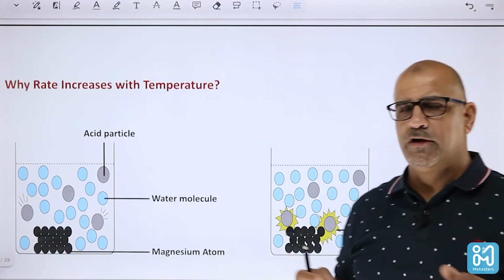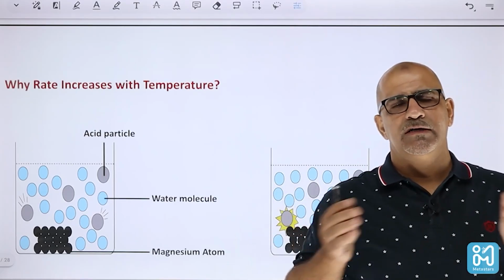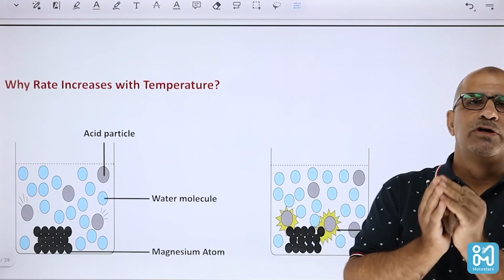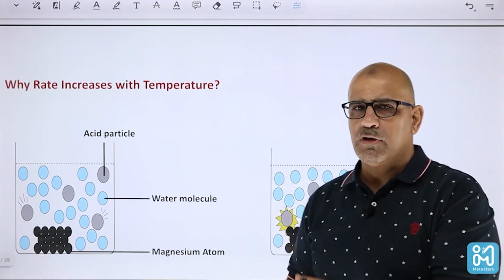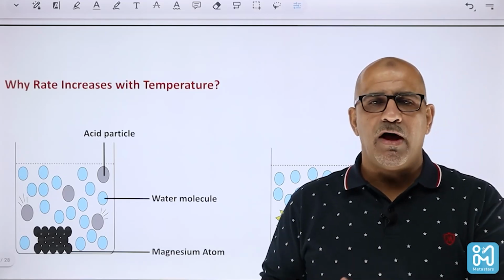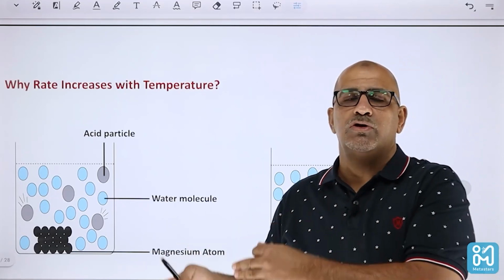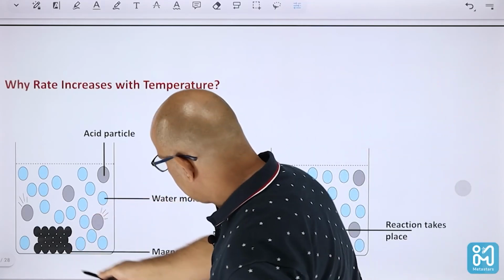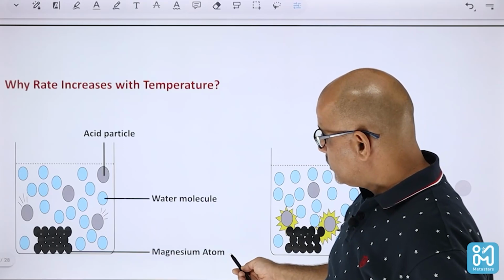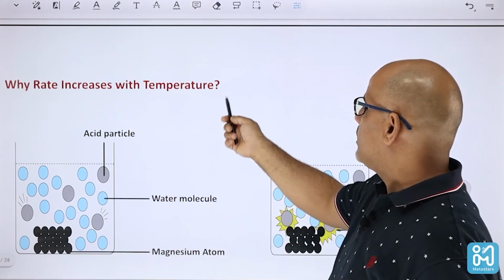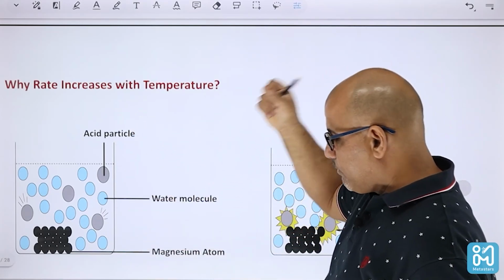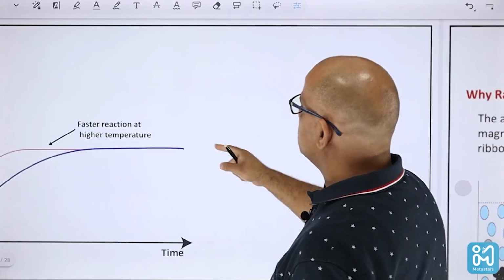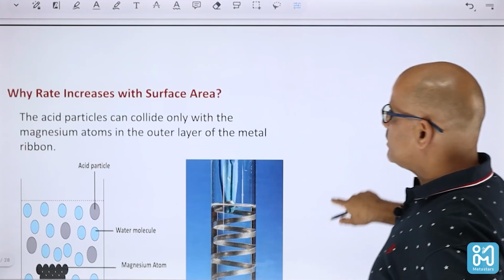What about the surface area? The surface area is a factor that is affected by the particle size. So powdered particles react faster compared to lumps or large stones. For example, here, if we use magnesium, the rate increases with the surface area.